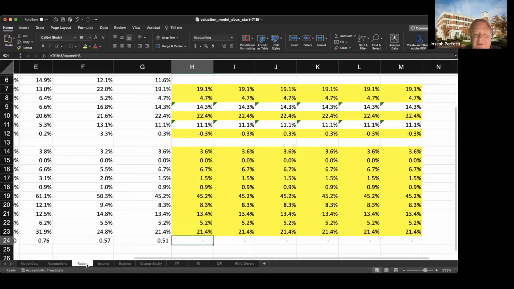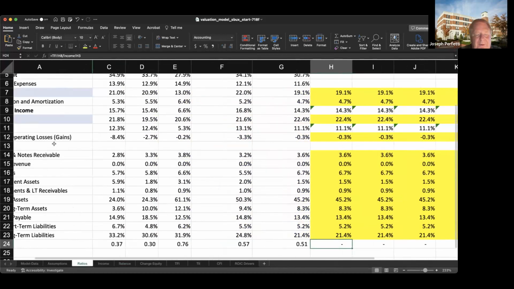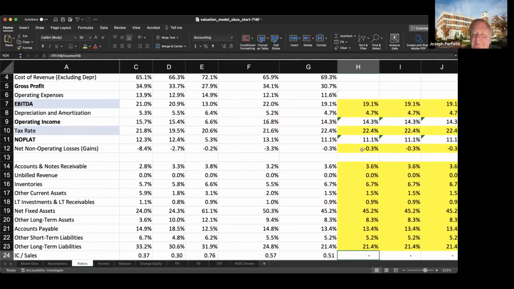Now, these are the balance sheet items that are all a percentage of sales. The first one being accounts and notes receivable for 2023, which is cell H14. So here's how it works.